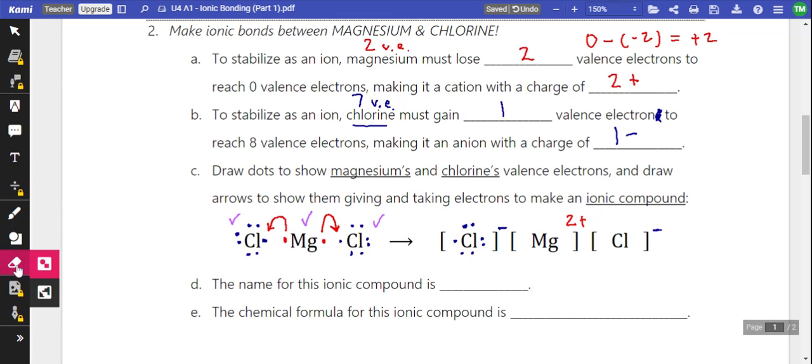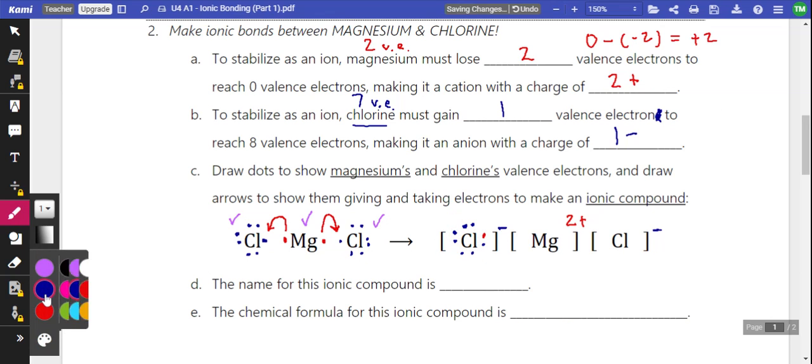Let me put those in the same place, get it consistent. 7, 8. Each chlorine went from having 7 valence electrons to picking up an extra one from the magnesium, leaving it with 8, giving it an octet. So these guys are following the octet rule.